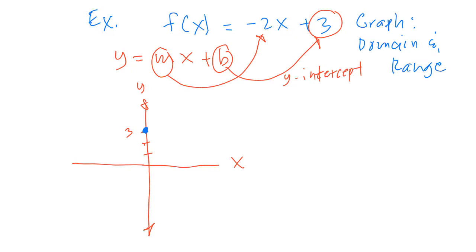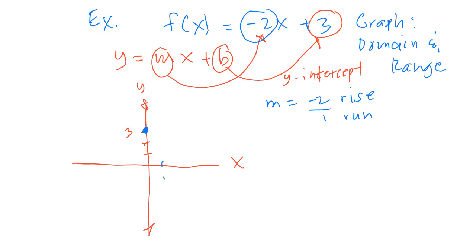And then we need another point so we can make a line. So our slope here is negative 2, so m is equal to negative 2 over 1. Negative 2 is our rise, and 1 is our run. So it means from point 3, we go down 2 units, 1, 2, and then we move to the right 1 unit.